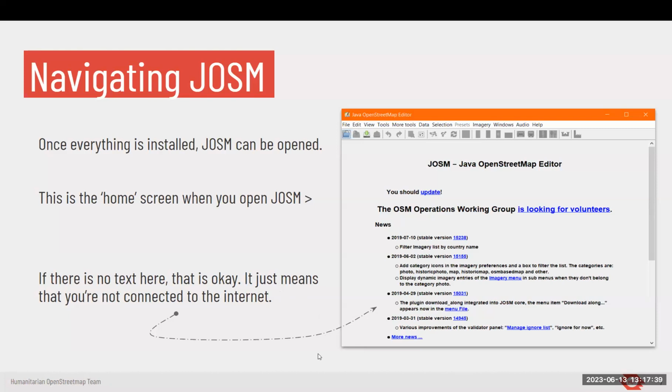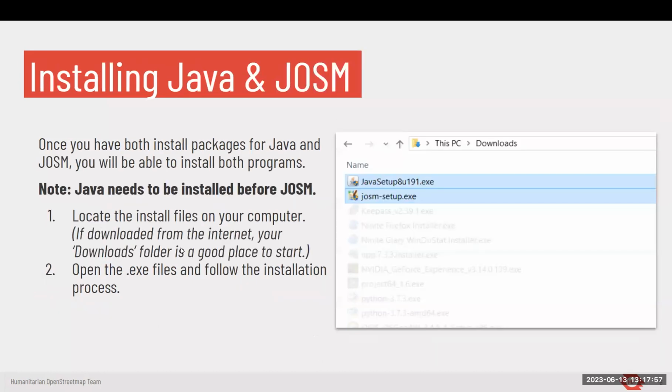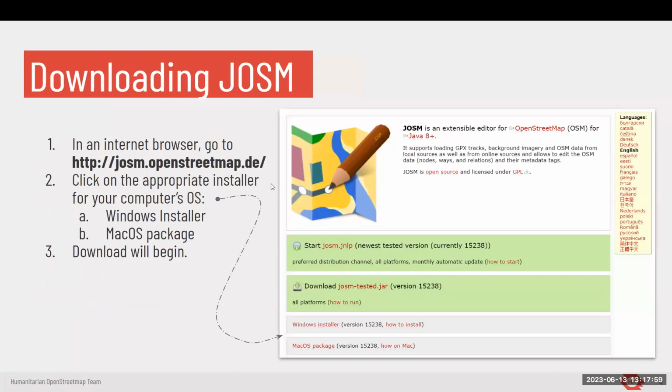Let me check. We can download JOSM from this link. I think from Baron Ruby Tech. I think you provided the wrong one, JOSM, not JSOM.